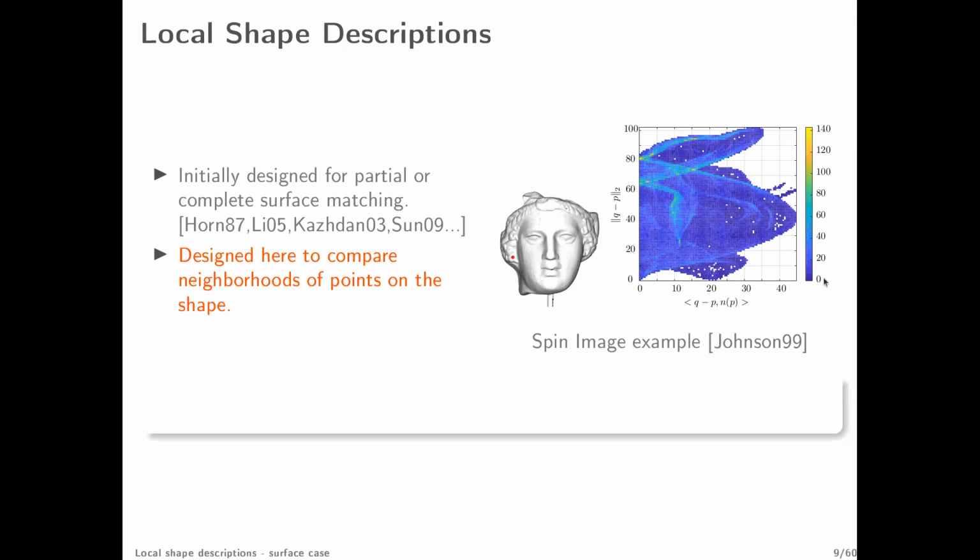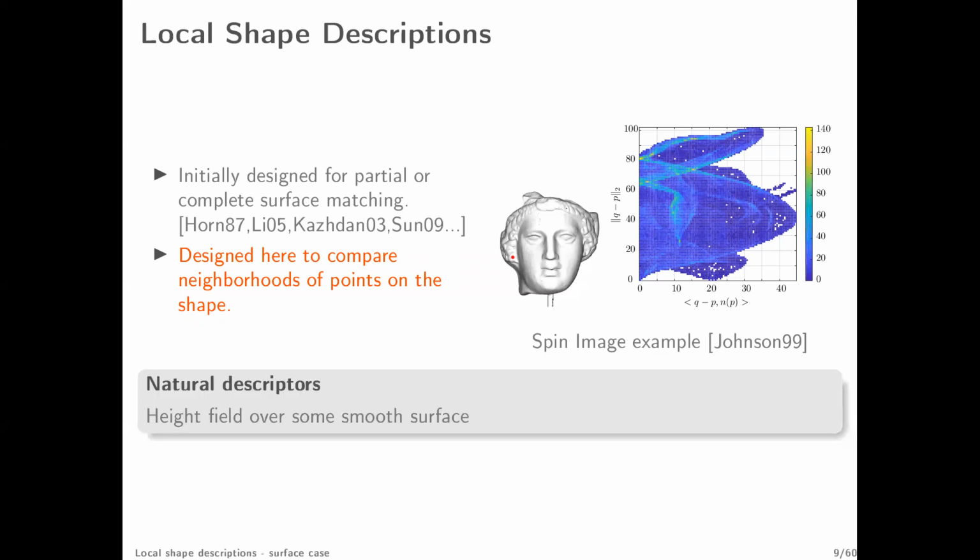So here you have a famous example of a description which is still quite used even now. There is a description which is kind of natural if you think of it, which is a height field over some smooth surface. Why is it natural?